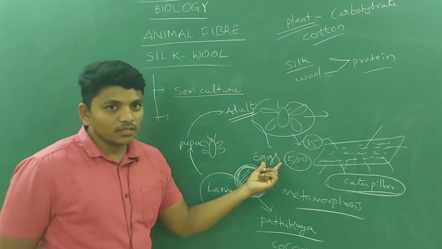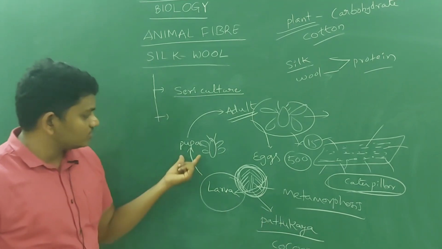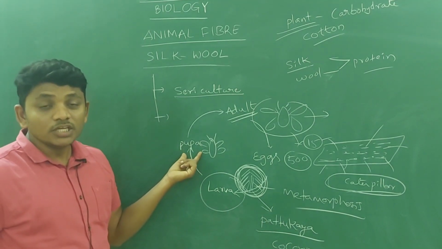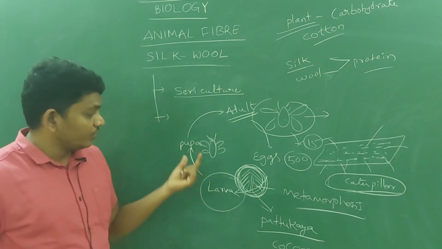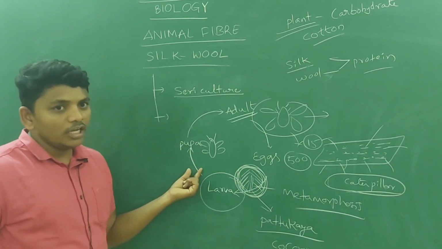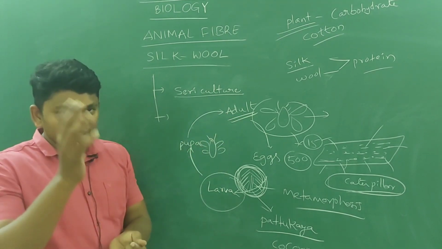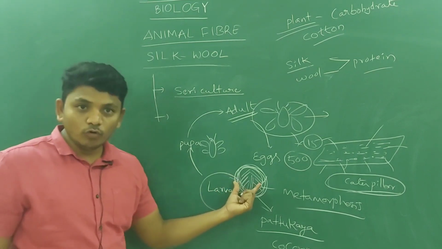It means eggs are converted into a caterpillar, and the caterpillar converts into a pupa. So the pupa is only in the cocoon. When it comes outside, it will grow and convert into an adult one. So you have to remember one thing, the pupa is only seen in the cocoon.